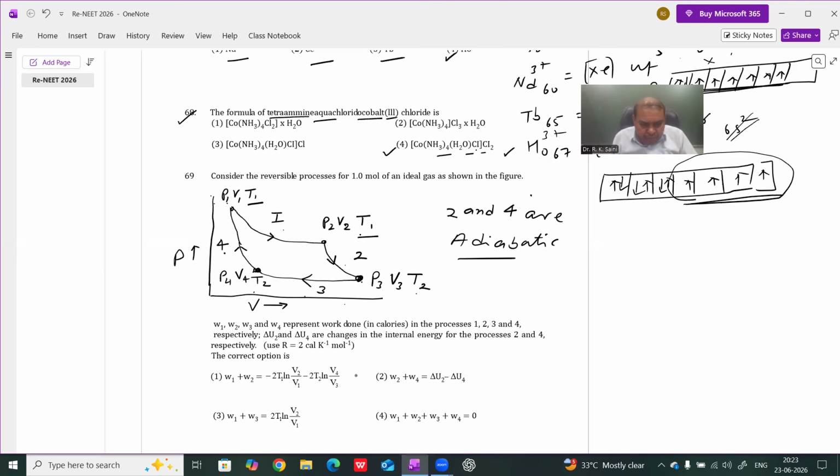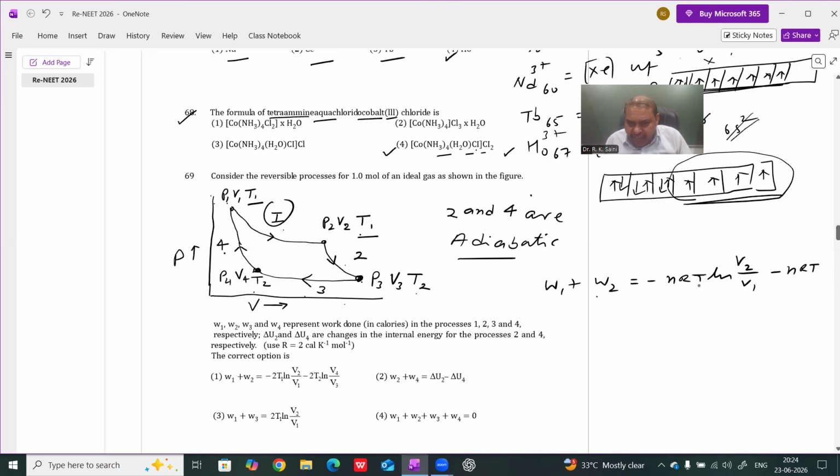Option first, W1 plus W2 equals to. In case of W1, step first, W1 equals to minus nRT ln V2 upon V1, plus next in second, minus nRT.